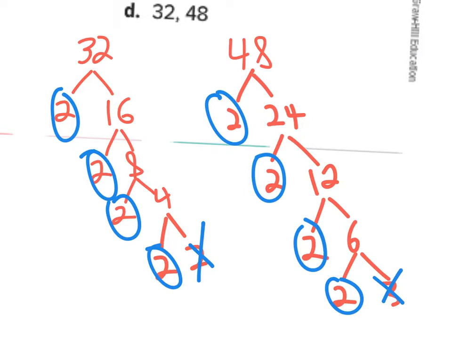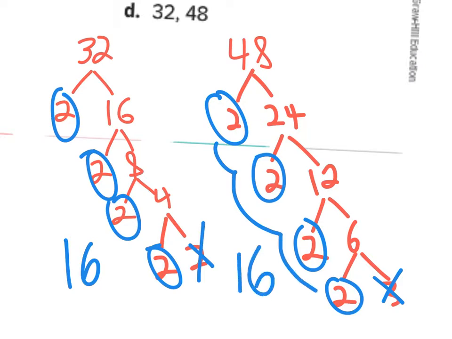Let's do that again. 2 times 2 is 4, times 2 is 8, times 2 is 16. And over here, 2 times 2 is 4, 4 times 2 is 8, and 8 times 2 is 16. And there we go. And so the greatest common factor for 32 and 48 is 16. And that makes sense, because 16 times 2 is 32, and 16 times 3 is 48.